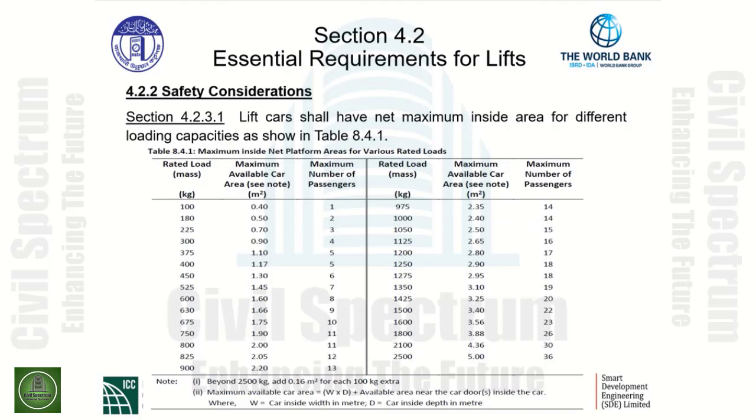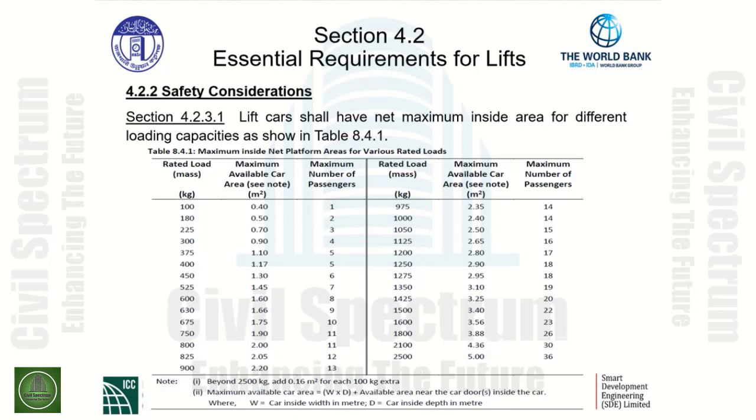Safety considerations is continued by means of section 4.2.3.1, a requirement that references a table regarding various rated loads. Lift cars shall have net maximum inside area for different loading capacities as shown in table 8.4.1.